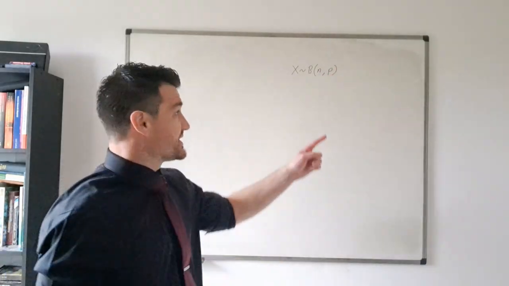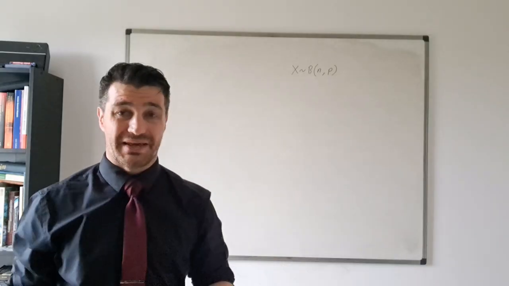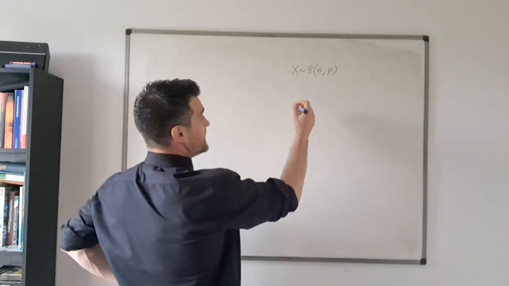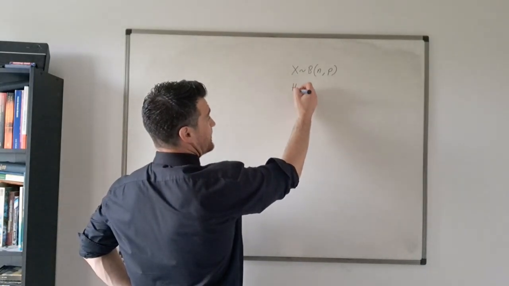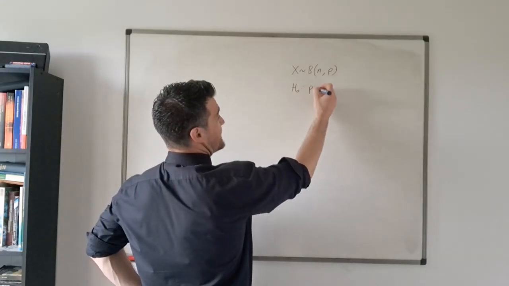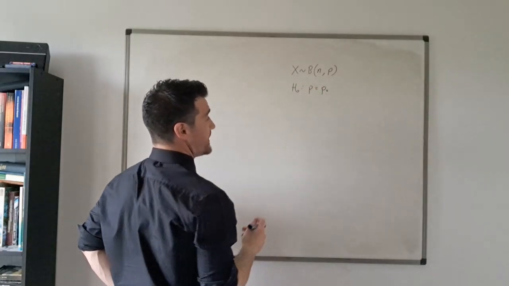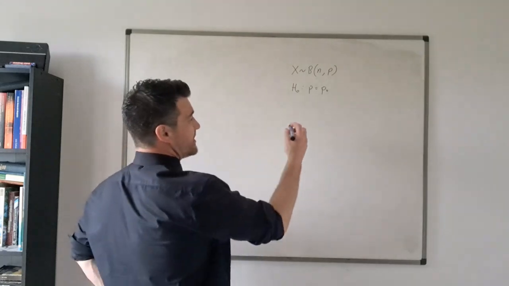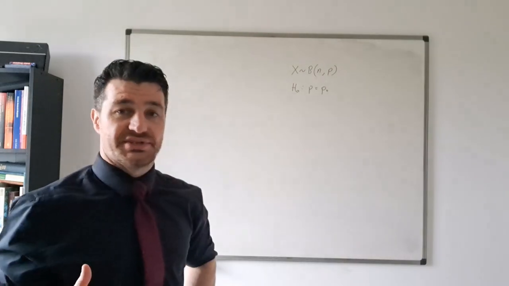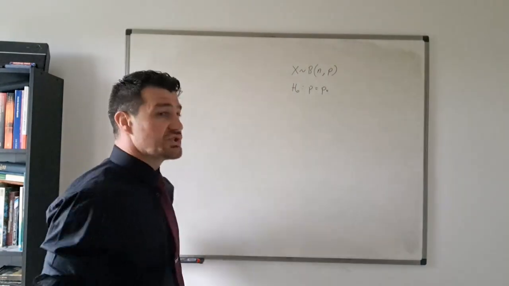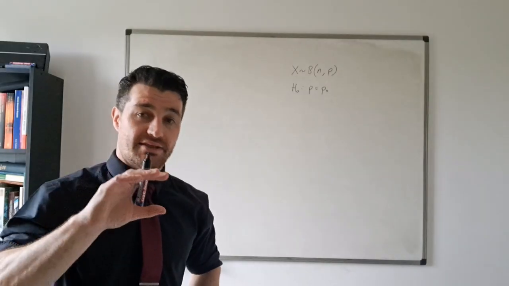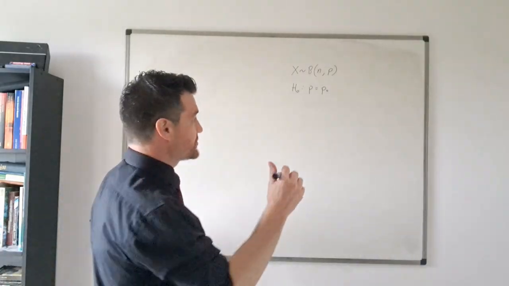We do our hypothesis test on the value of the parameter p at A level. So we've got a null hypothesis, which says that p is equal to some constant value p naught. And then we've got the alternative hypothesis, and there are three possible forms, two of which I'm going to be concentrating on in this video, one not so much.